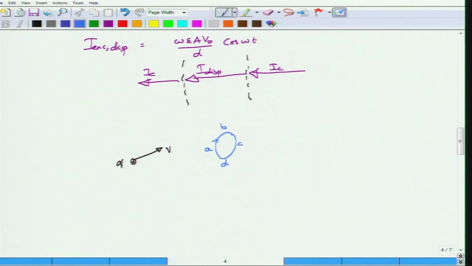For this loop, will there be a magnetic field? Well, there will be a magnetic field provided I take a surface which would go through this point, right. So at this particular time, I have to consider a surface S1, okay, which would just connect to the charge, and this surface has to change as the charge moves along this particular direction.